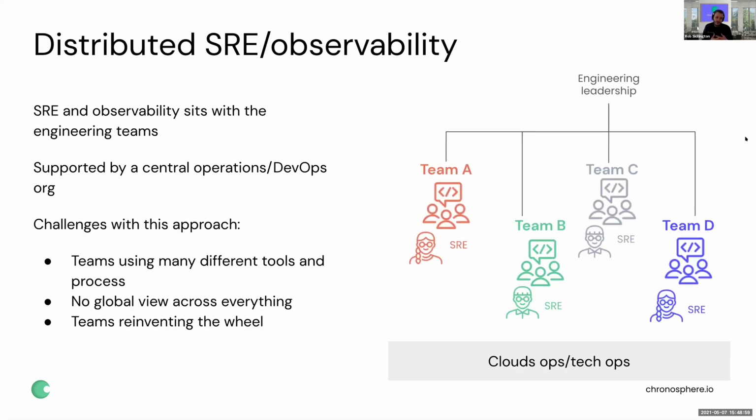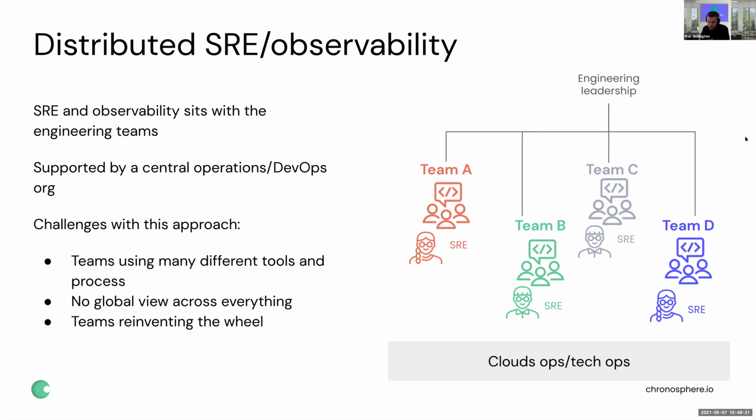So let's look at one of the models of practicing observability at an organization. Often one that most companies and organizations start with is embedding an SRE or a developer or a DevOps practitioner inside of each team, or at least inside of each of the largest teams at an organization.